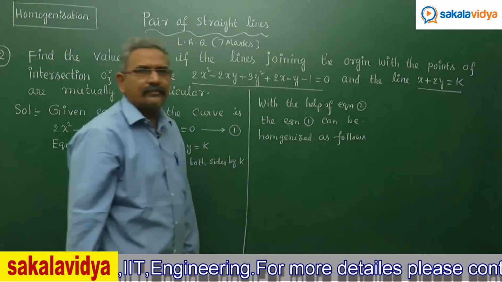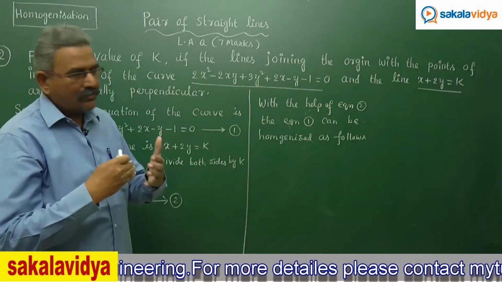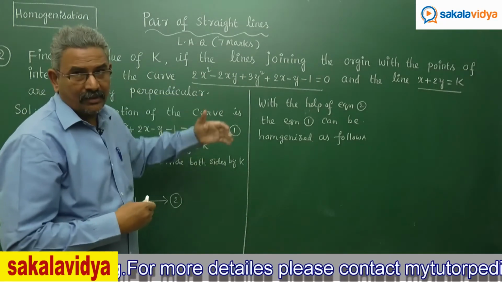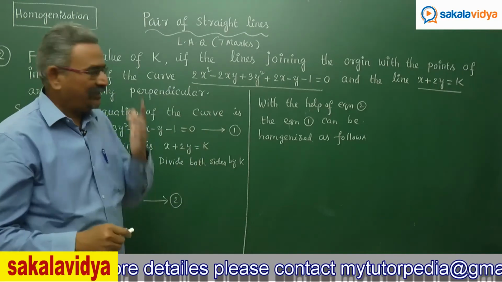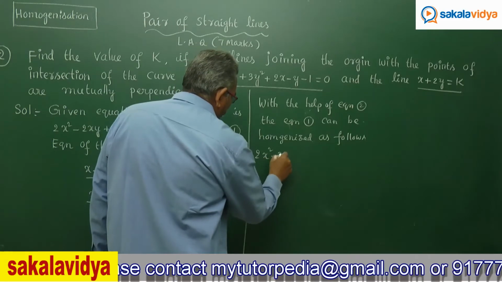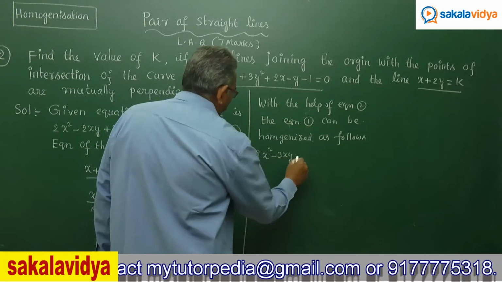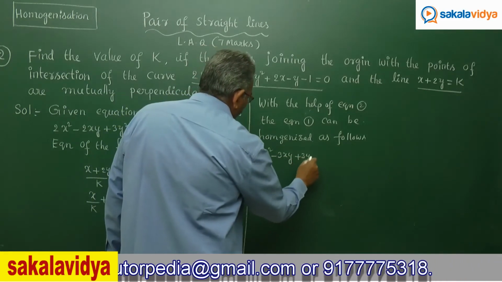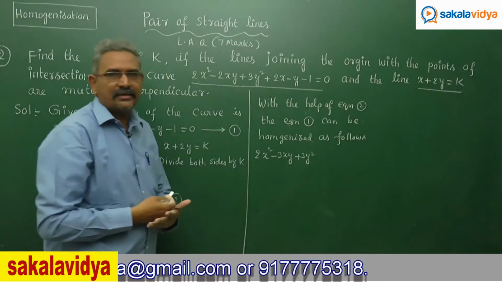We need to rewrite the equation of the curve without changing its identity. Now this is 2x square minus 3xy plus 3y square. This part is already the homogeneous part.